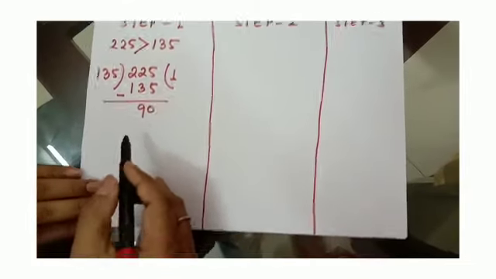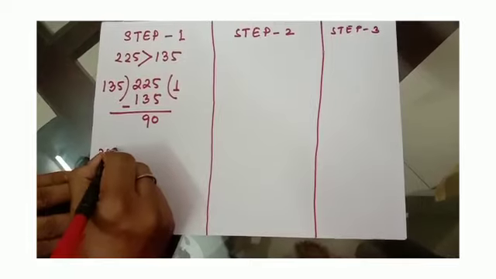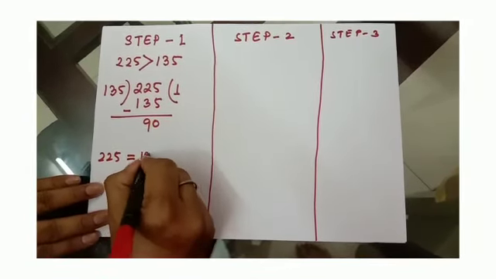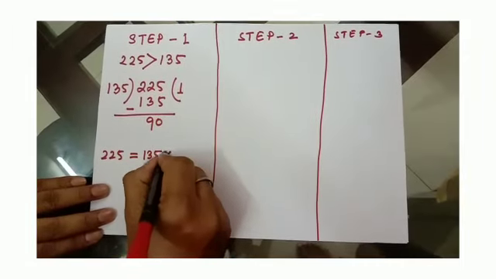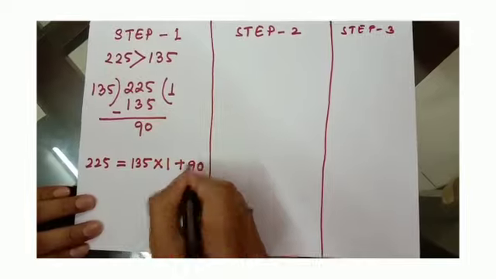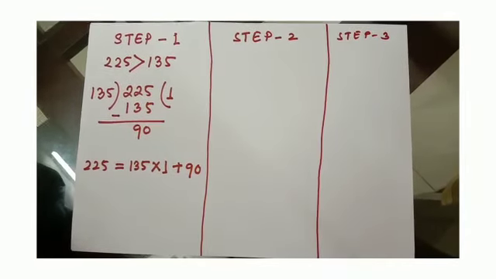So write it like that. Dividend 225 is equal to divisor into quotient plus remainder. So here step 1 is completed.